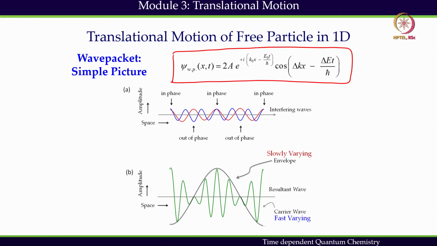And if we look at that, as I mentioned, two slightly different energies mean slightly different k, and slightly different k means slightly different wavelength, because k is actually 2 pi by lambda. So their matter wavelengths are different, which is shown here by these red and blue lines.